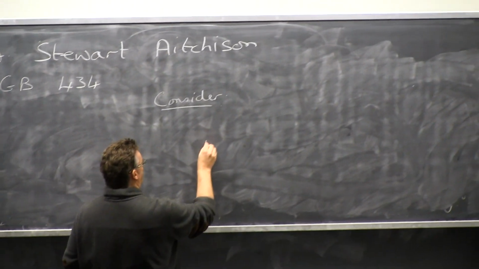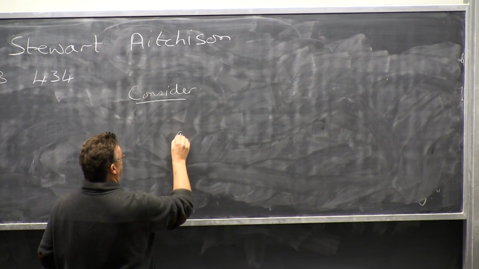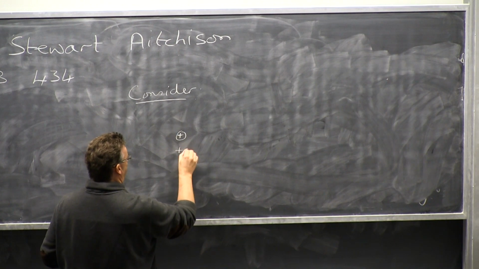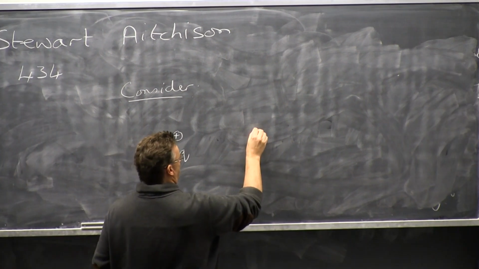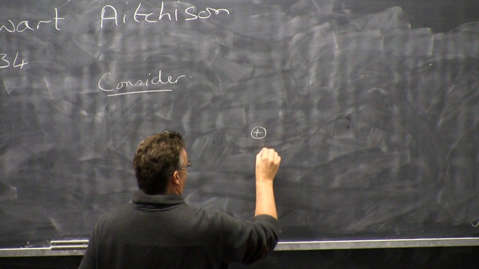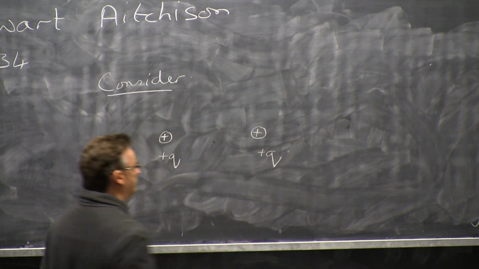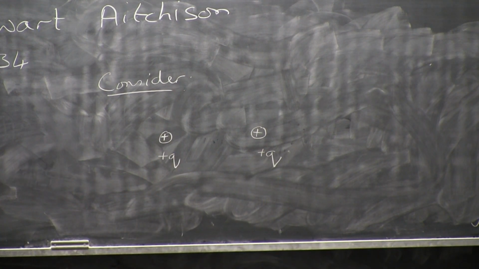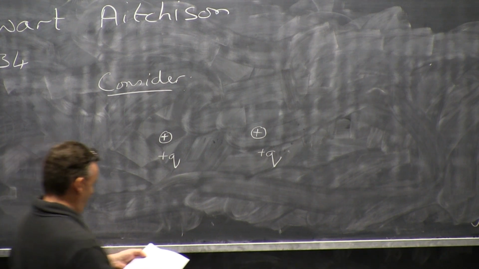We're going to have two positive point charges. And we'll say this is plus Q, and this one is plus Q. So one of those is fixed in space, and we bring the other one closer to a certain distance away. Let's call that a.